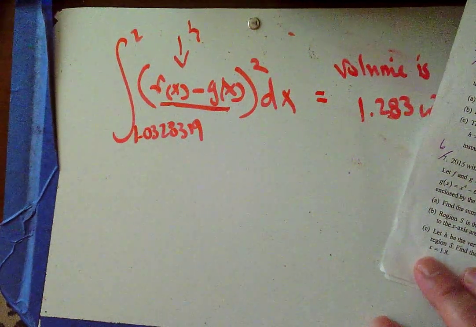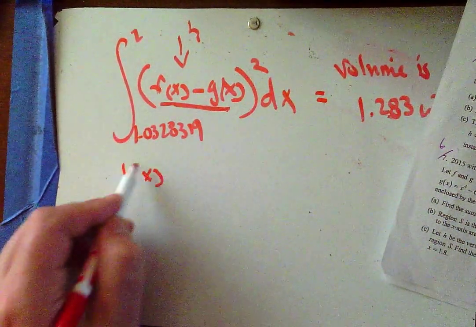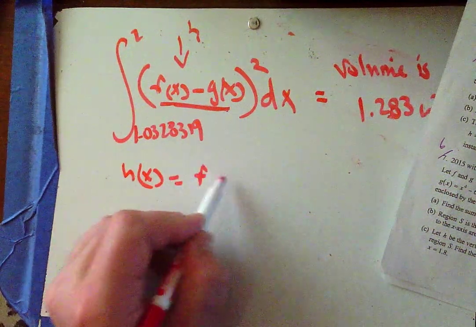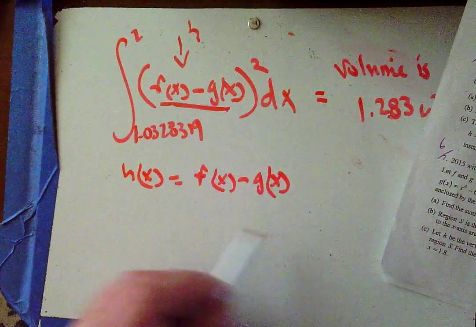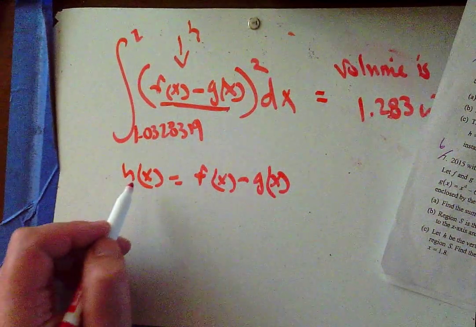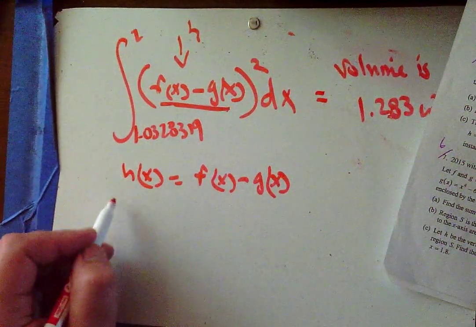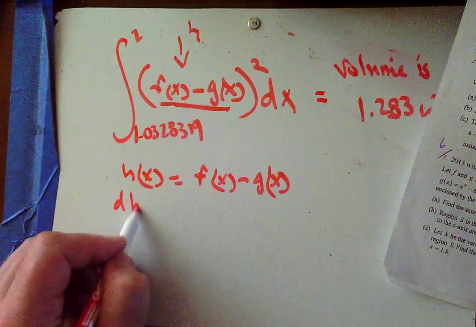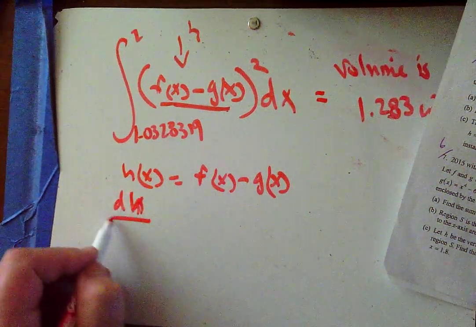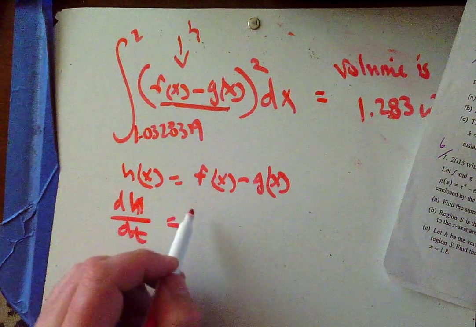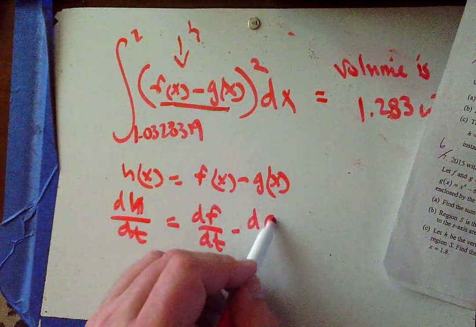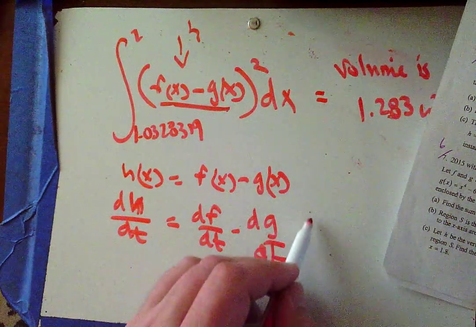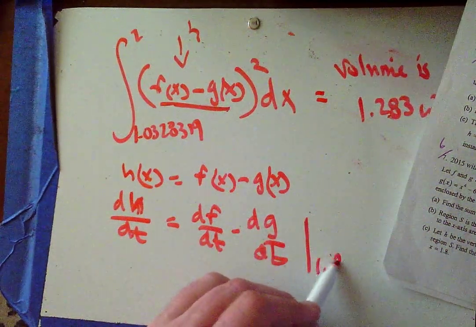Huh. Well, so we know that h of x equals f of x minus g of x. And I want to know the rate of change in this. So I want dh/dt, and that'll be equal to df/dt minus dg/dt evaluated at 1.8.